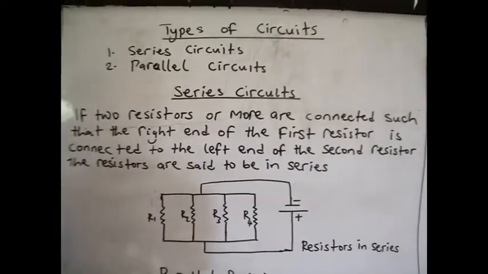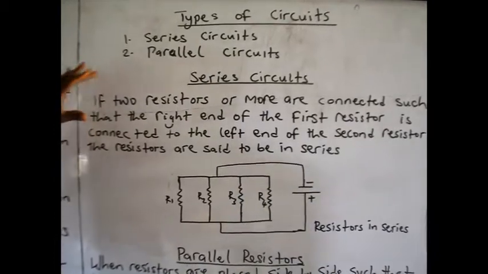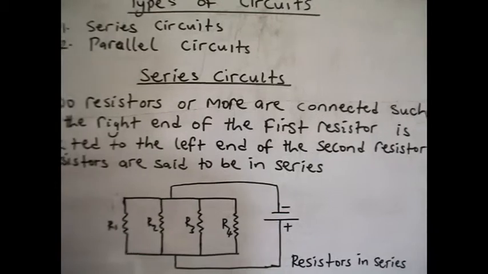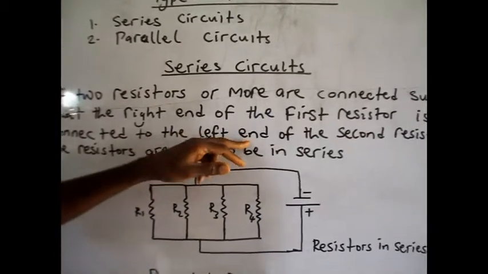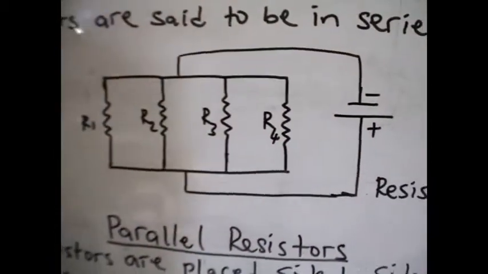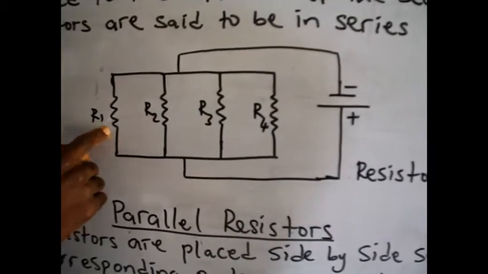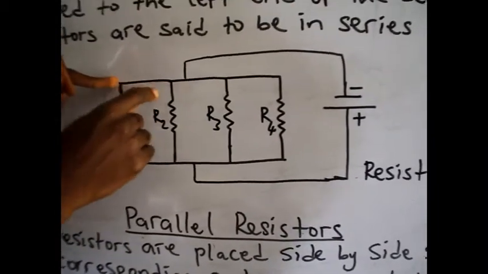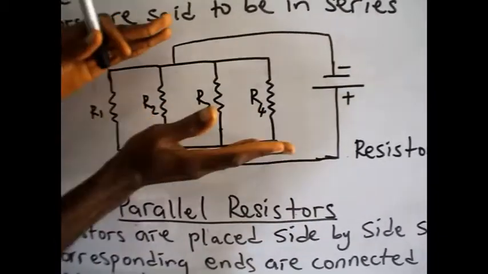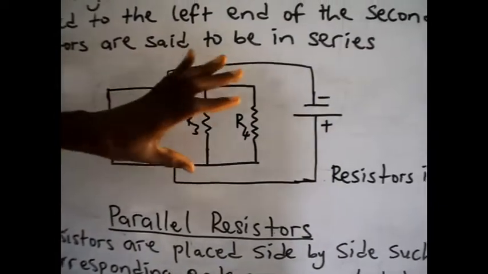If such a thing happens, we say that that connection is done in series. The right end of one resistor, that is one wire, is connected to the left end of the second one. So just as we have on the board here, this is a series arrangement. You can see that this is one end, it's connected to the edge of another end, just like that. So this arrangement is what we call series, because they lie on the same plane.